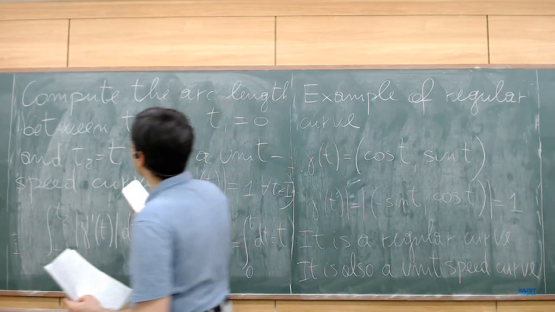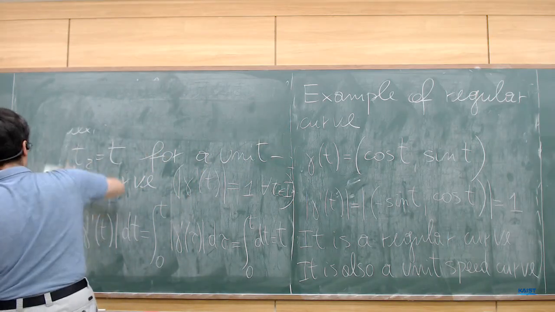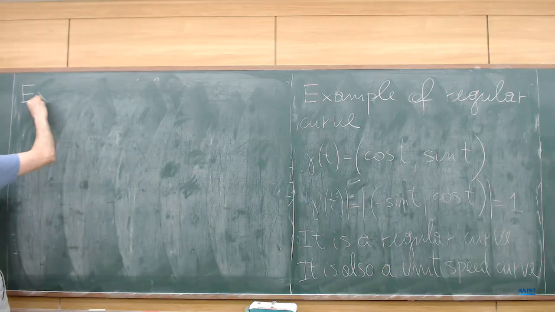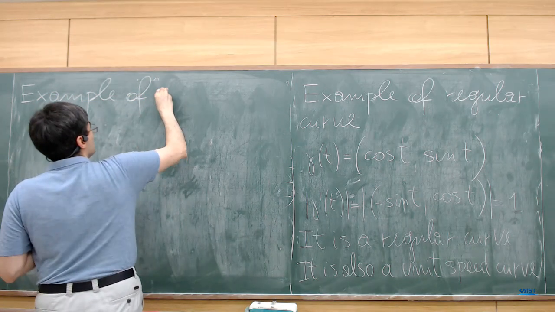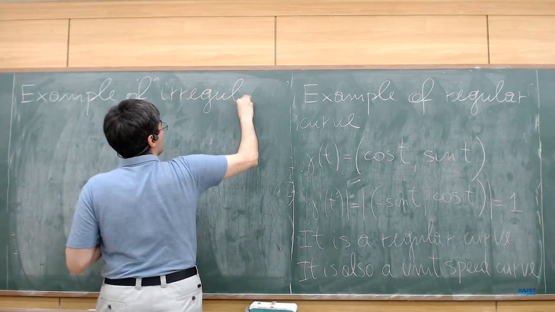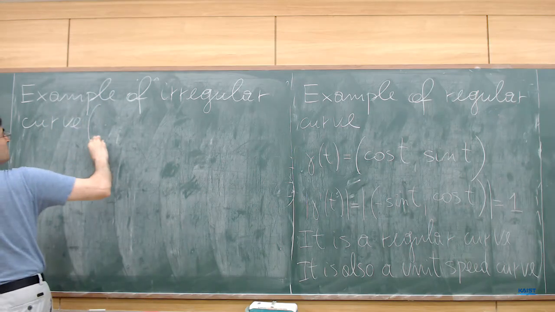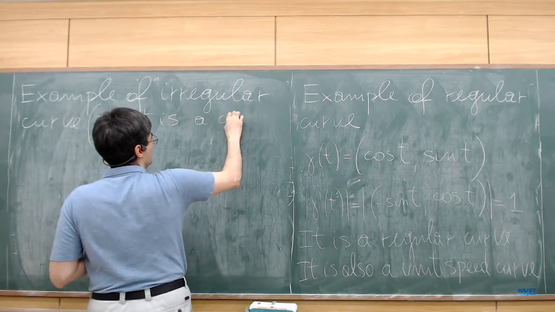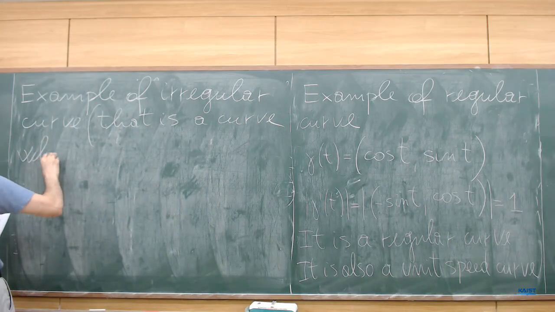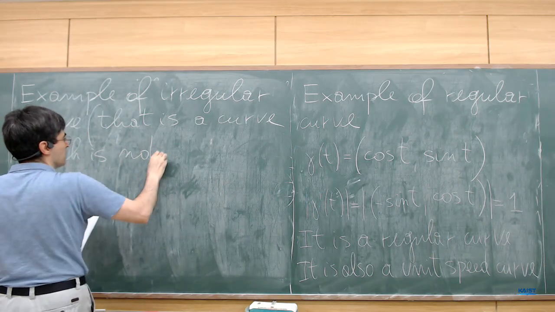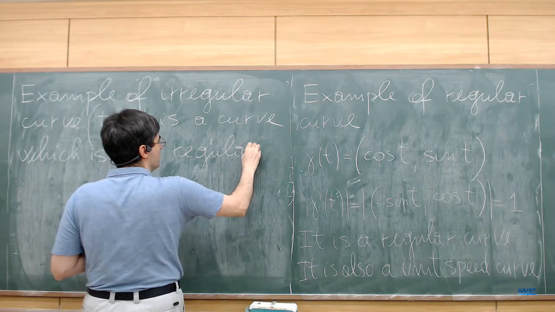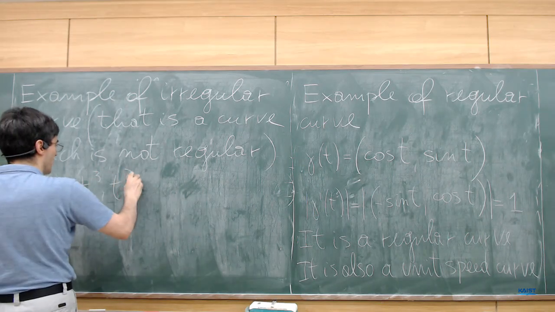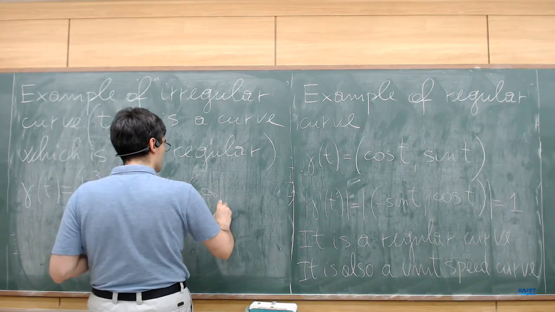And now I will finish the lecture by giving you an example of an irregular curve, that is, a curve which is not regular. Let's consider gamma t equal to t cubed, t squared, with t in minus infinity to plus infinity.